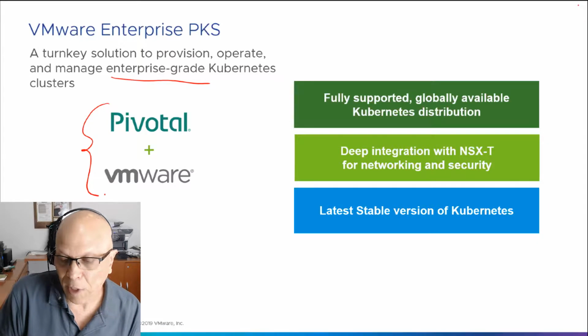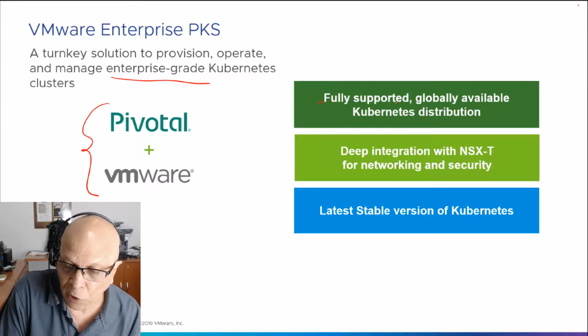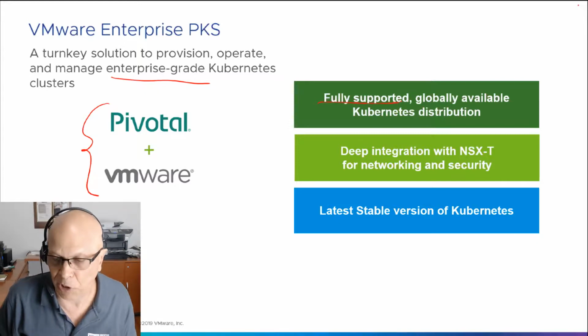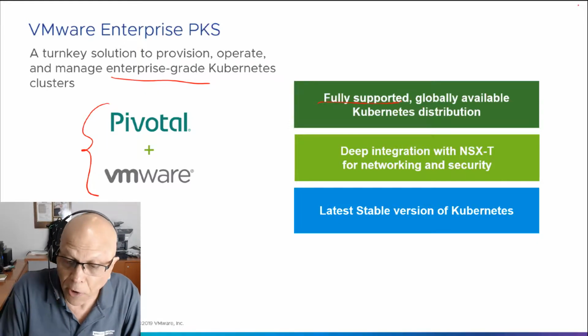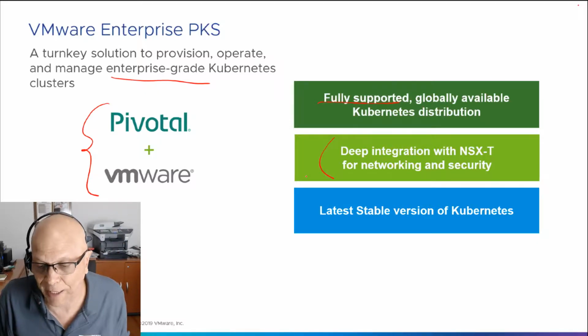What you get as a customer when you buy Enterprise PKS is a fully supported Kubernetes distribution available across the globe. As part of that, you're getting deep integration with NSX-T.